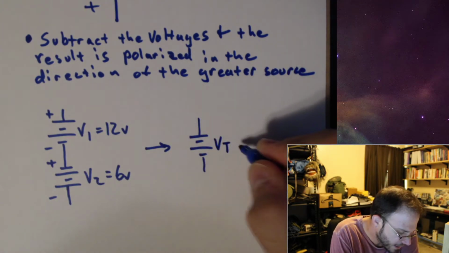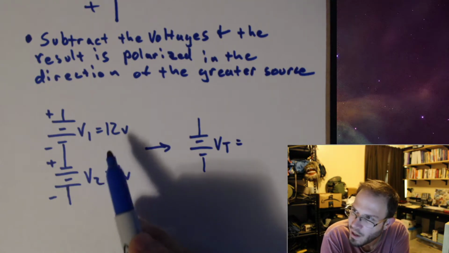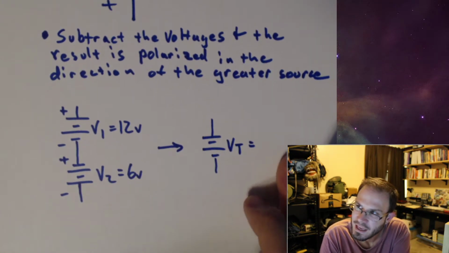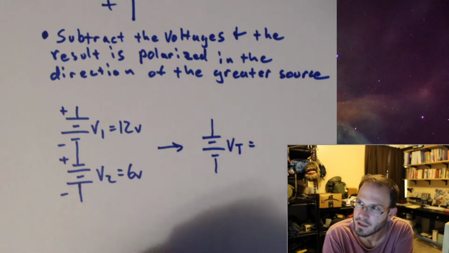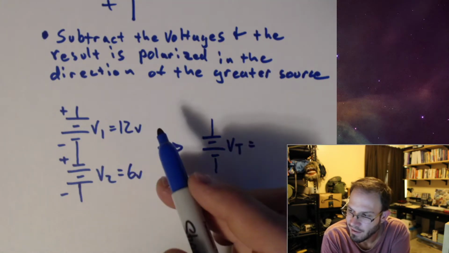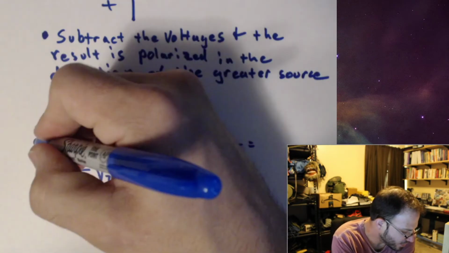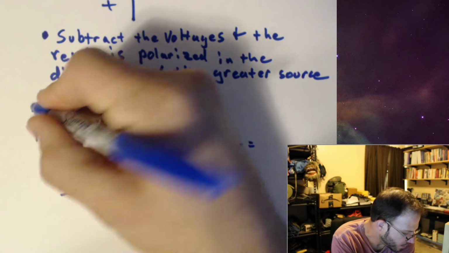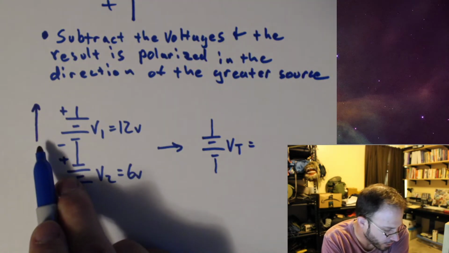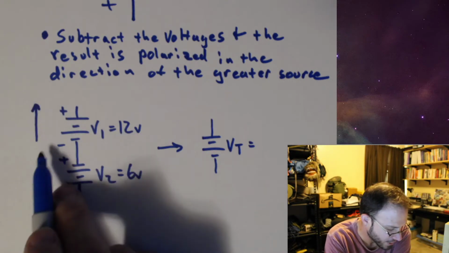So what's VT going to be equal to? Well, if we think about it, I think the best way to think about this is as a vector. Think about this voltage as not just having a magnitude, but having a direction. So this V1 is actually pushing the electrons with some magnitude, 12 volts, in this direction.